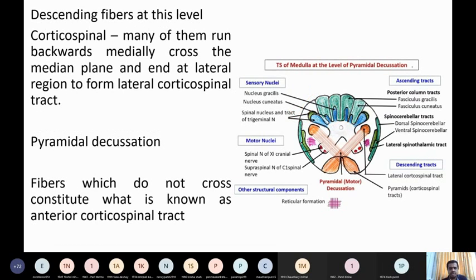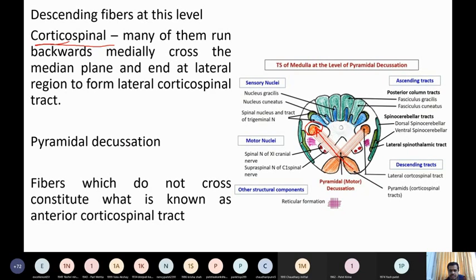Now we'll see a few descending fibers at this level. The descending fibers at the lower part of the medulla, at the pyramidal decussation, are as follows. The first one is the corticospinal tract. Many of them run backwards and medially, cross the midline, and reach the lateral region of the white matter, where they form a descending tract known as the lateral corticospinal tract.